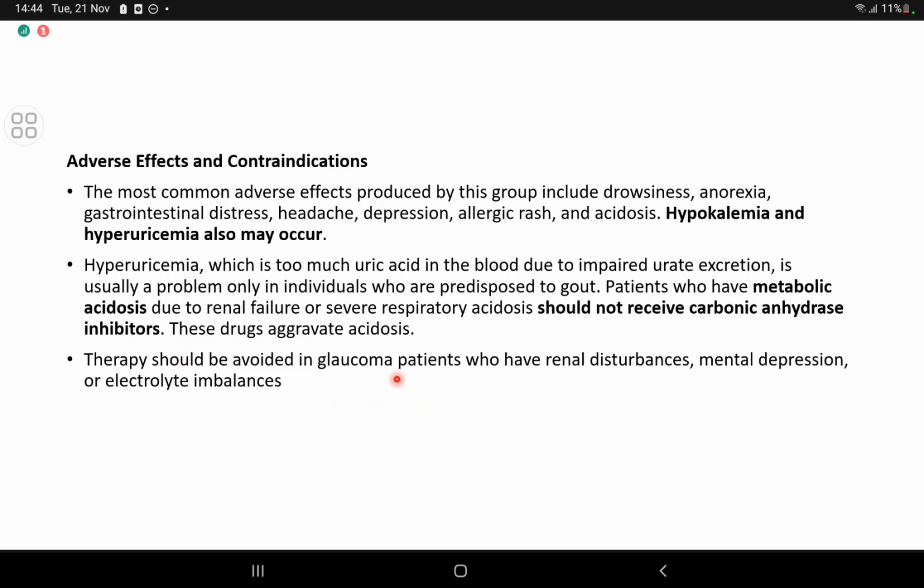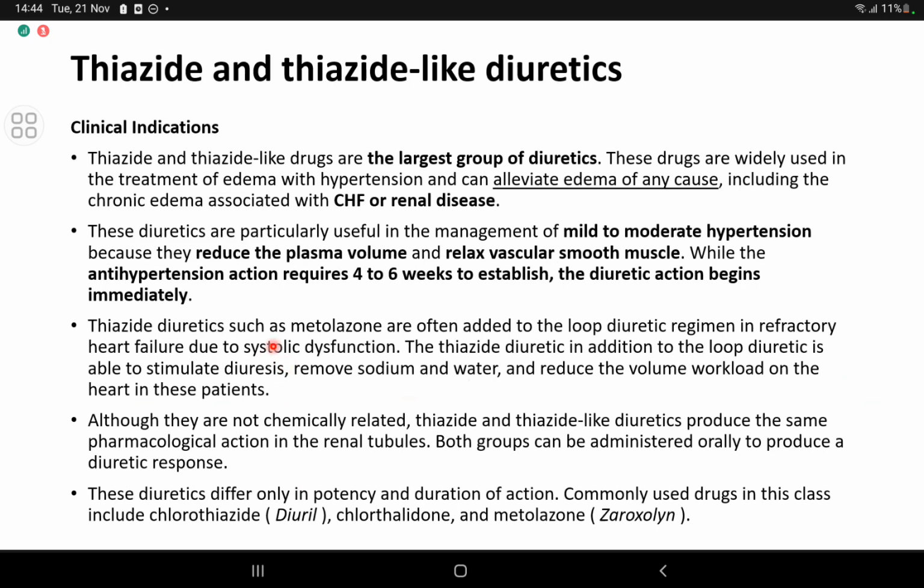Another thing: even if the patient is a glaucoma patient, if they have renal disturbances or electrolyte imbalance, you should not prescribe this, even though it is quite useful for glaucoma patients. So until now, okay?